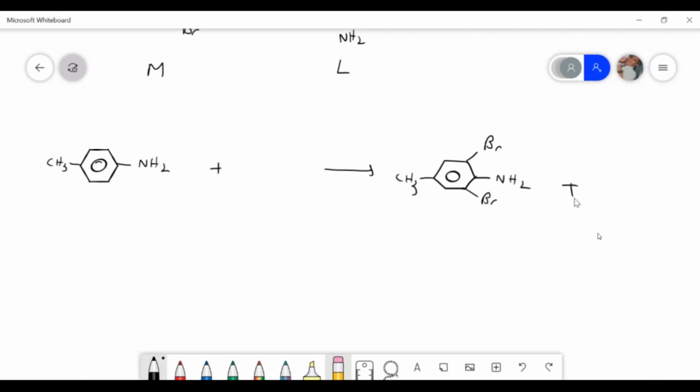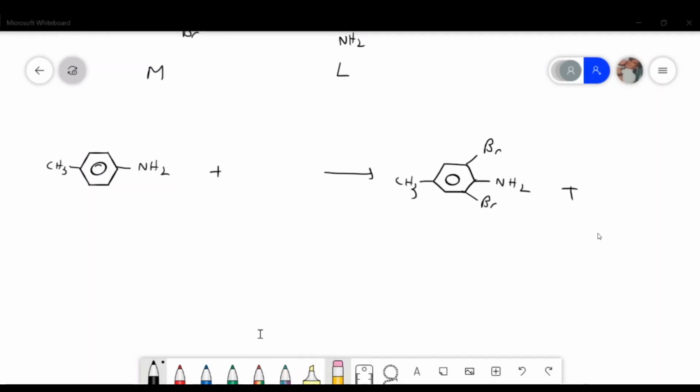Okay, so fill in the two blanks. What do you think the two blanks are? Balanced, of course. Let's put the first reagent, the second reagent, with the right stoichiometric coefficients.